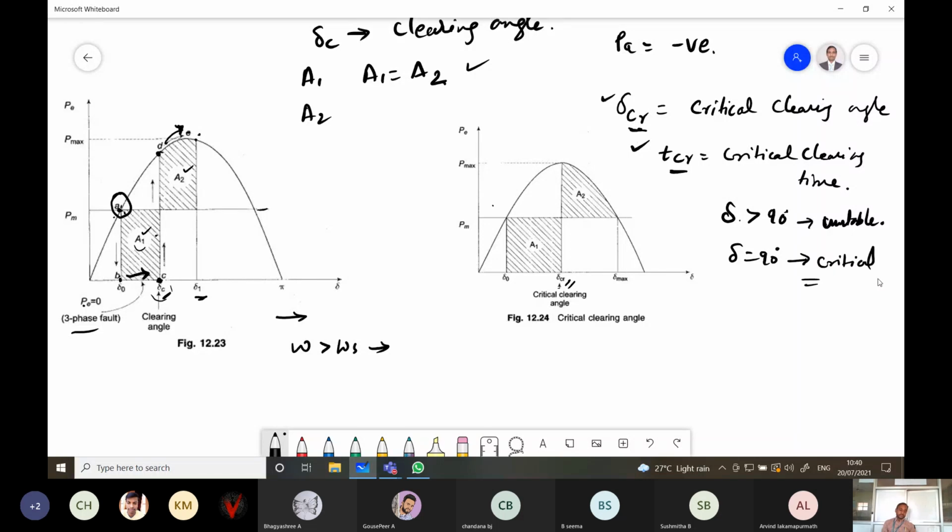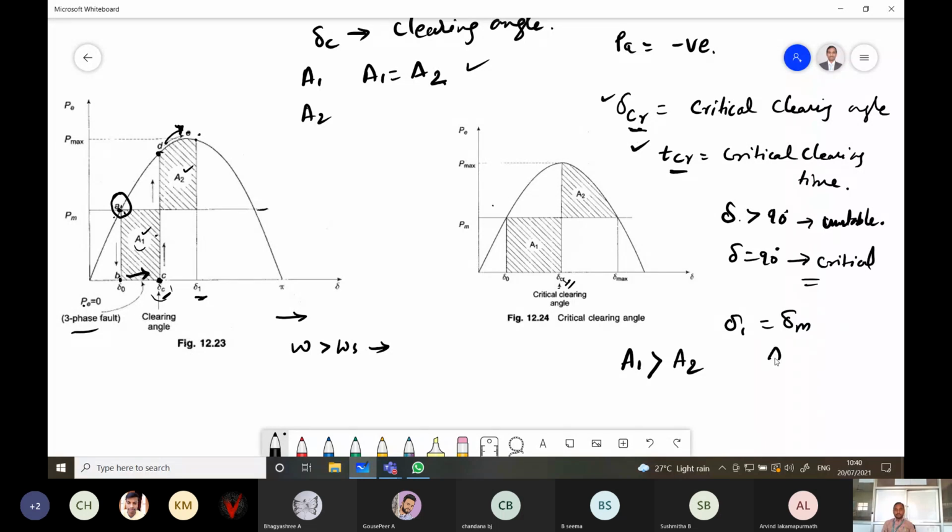Now, if the fault clearing gets delayed, then area A1 will be increasing, and A2 increases along with delta 1 such that A2 is equal to A1 till delta 1 becomes delta max.